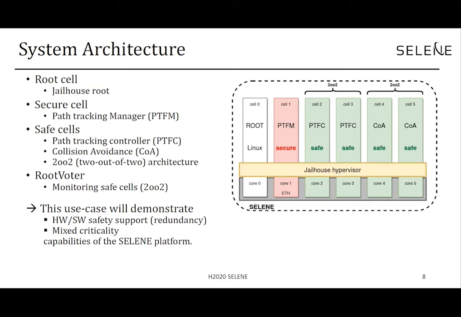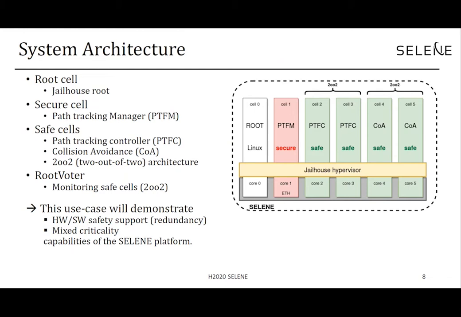So this 2 out of 2 architecture will be monitored by another product outcome of the SELENE project, the root voter, which was done by OpenTech, by Nicholas Koberger. This hardware device, which is also synthesized in the FPGA, will vote these two cells, but for the safety details, we will hear much more in the talk of Nicholas.